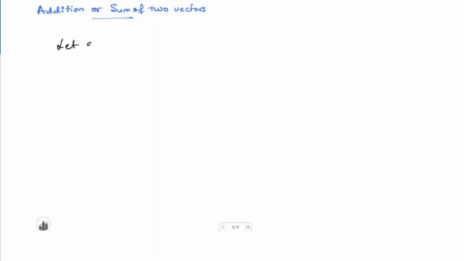So let the vector A equal the position vector A1, A2, A3. And let's say we are given another vector B, B1, B2, and B3.